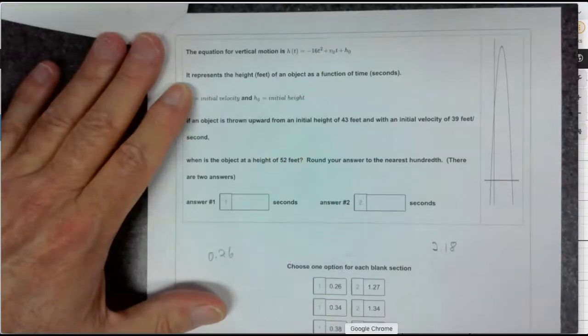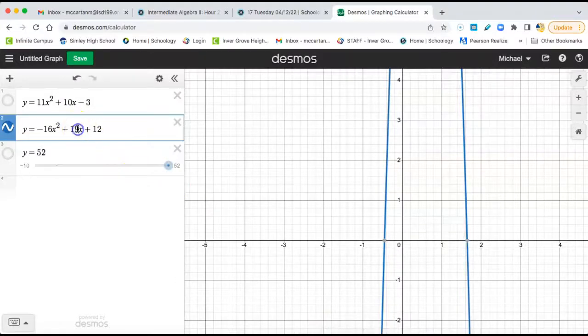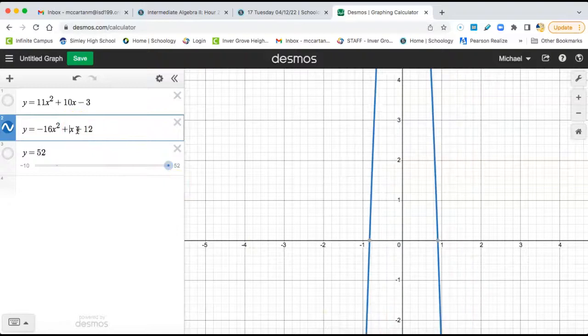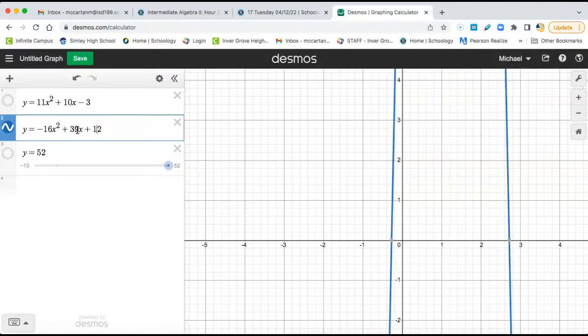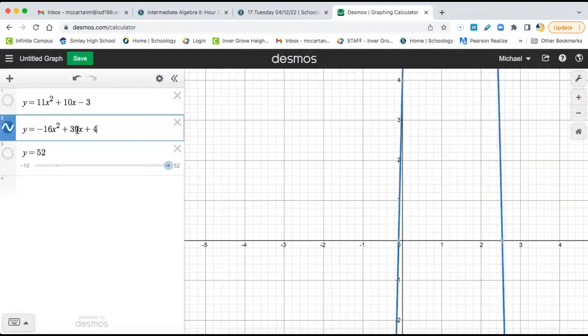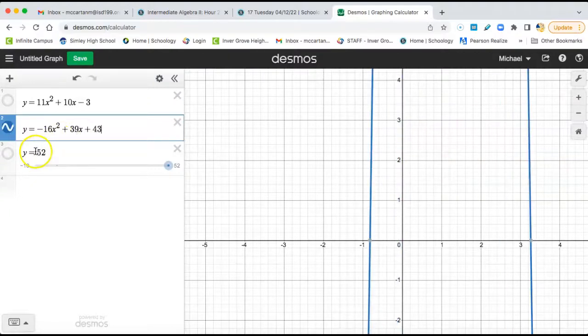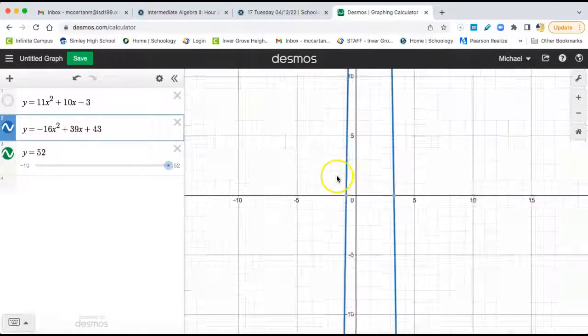All right, let's go back to Desmos. This is our vertical motion problem. Again, the initial velocity was 39. And the initial height was 43. All right, and then y equals 52, I'm going to turn it on. So we can see them both and see where they cross. I can scroll out, try to find it.